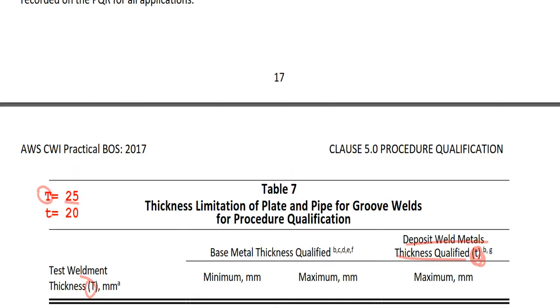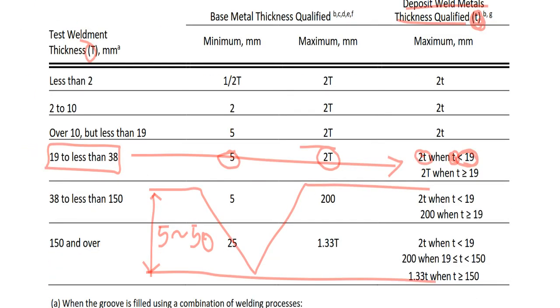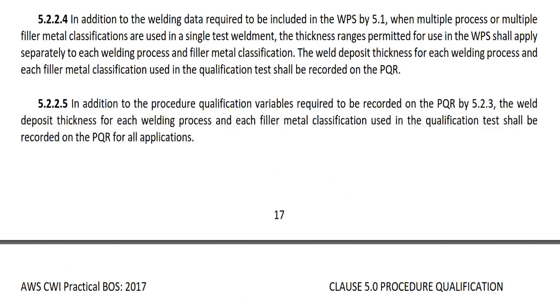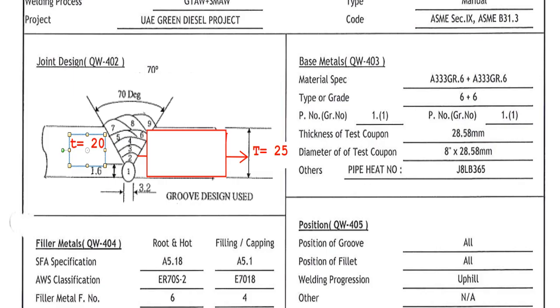This is table 7, and this is 5.2.2.4 and 5.2.2.5, and it says separately applied. So again, come back to this PQR.